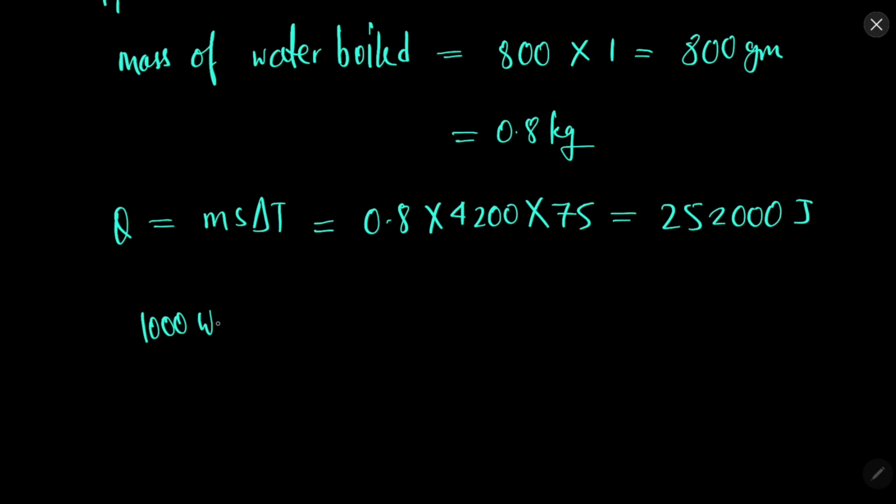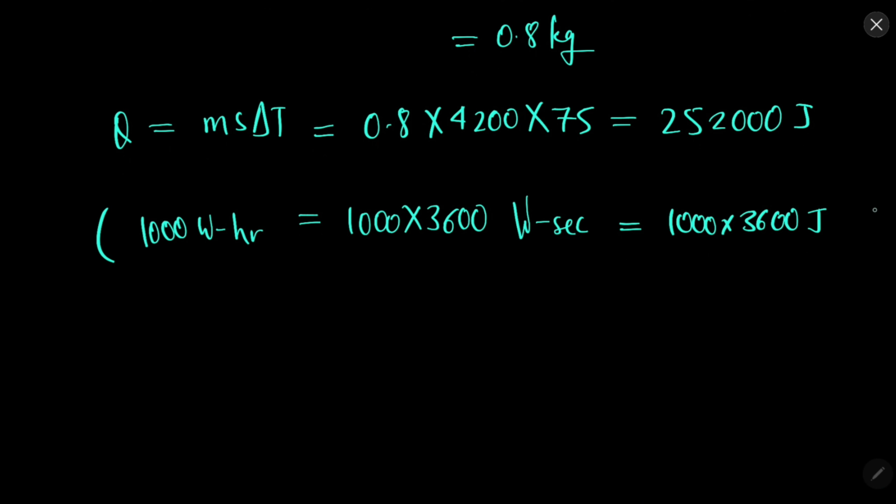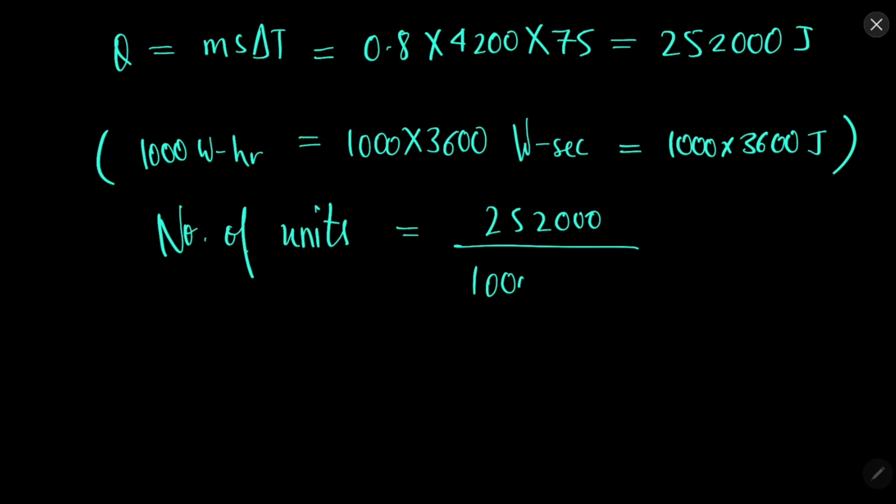Now 1000 watt hour means 1000 into 3600 watt second. So 1000 into 3600 joule, remember. So number of units will be 252,000 over 1000 into 3600, 0.07, so 7 paise.